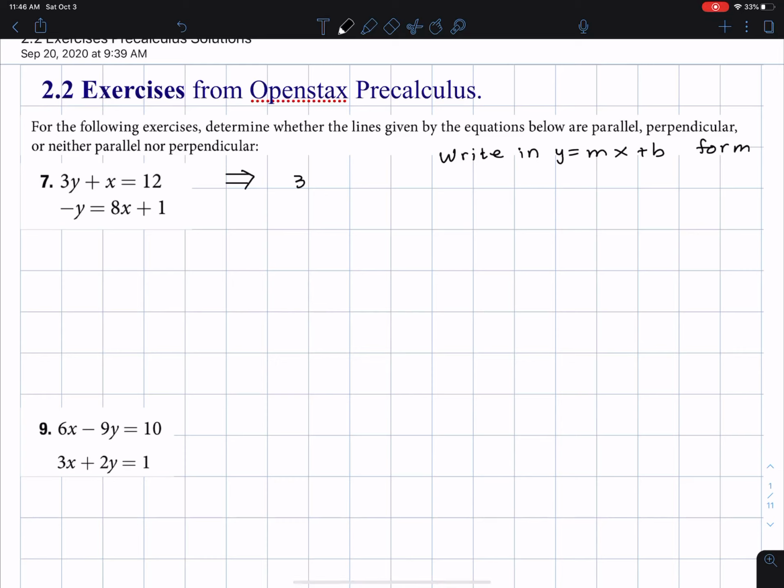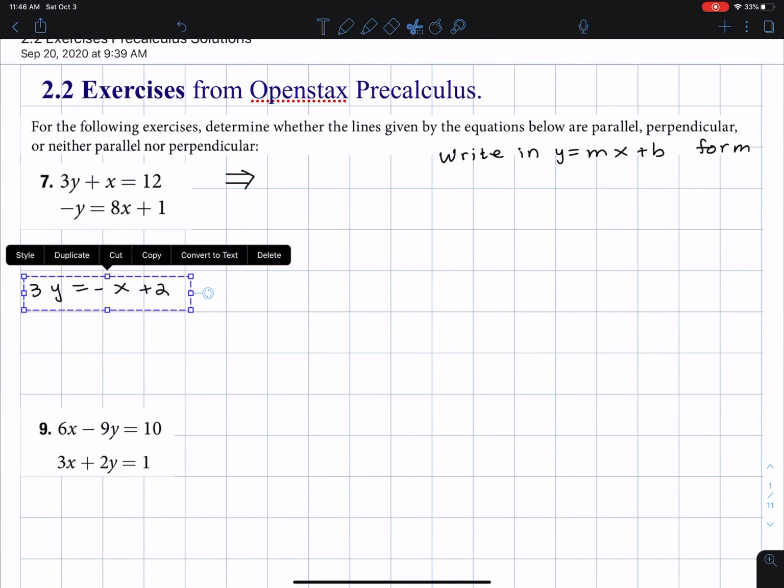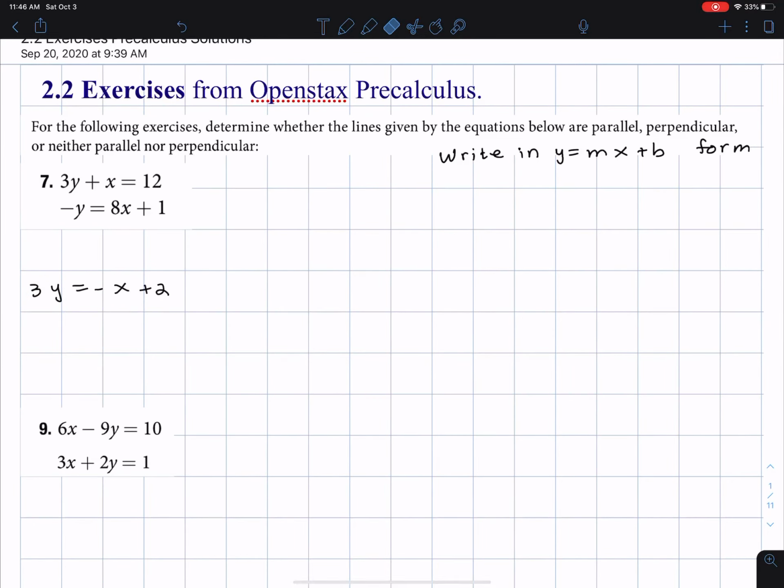So I'm going to write 3y equals negative x plus 12 by subtracting x from both sides. This will give us, dividing by 3, y equals negative 1/3 x plus 2/3.